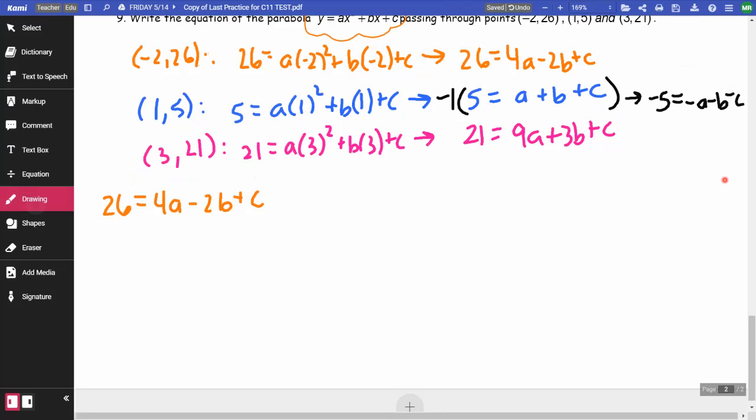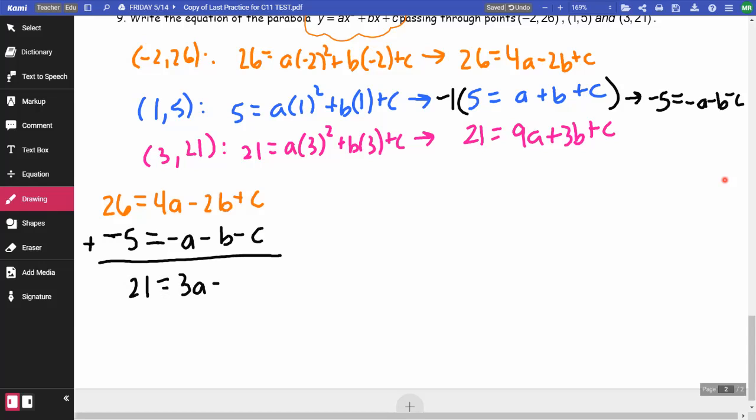And I'm going to use that middle one, which was -5 when I multiply by -1, is equal to -a minus b minus c. And I'm going to end up getting 21 is equal to 3a minus 3b. So I can divide by 3, and if I do, I get 7 is equal to a minus b.